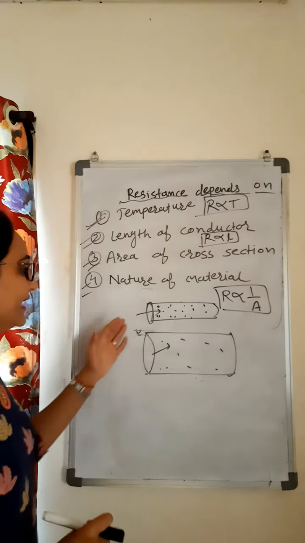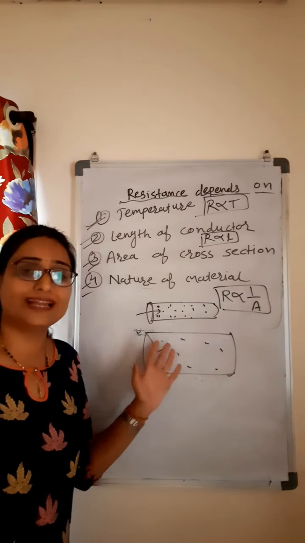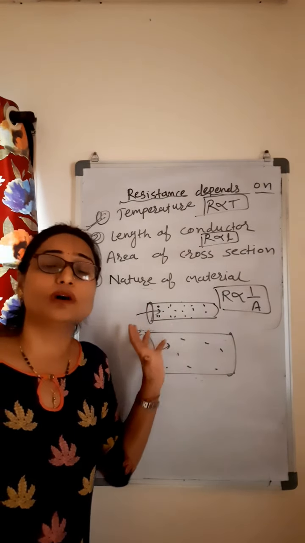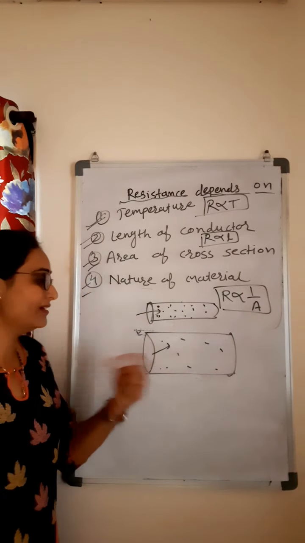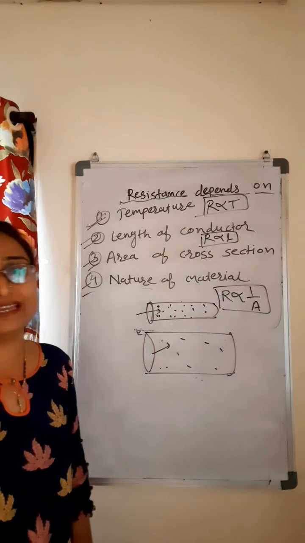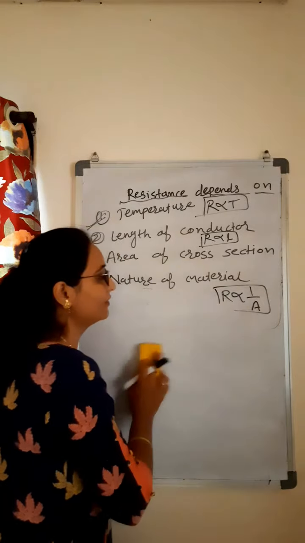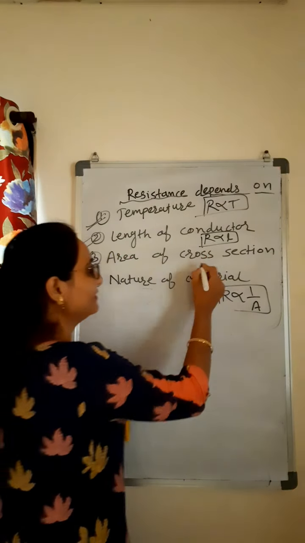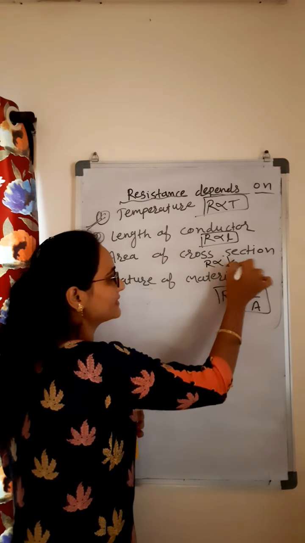The same way electrons can flow easily if the area is more. Electrons are moving freely, which means there is more current, means resistance is less. So resistance is inversely proportional to the area of cross section.